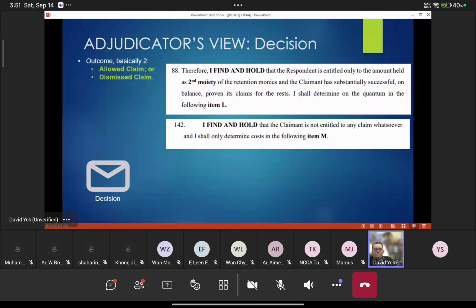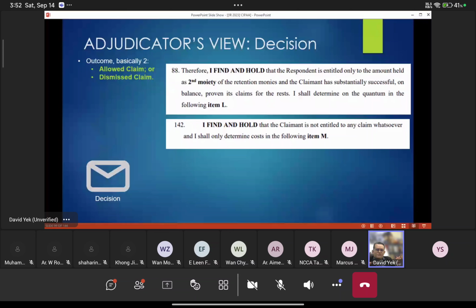After you have assigned liabilities, you either allow the claim or you dismiss the claim. These are the only two outcomes. You cannot say 50-50. If you allow the claim, you say that I find and hold the respondent is entitled only to this amount.